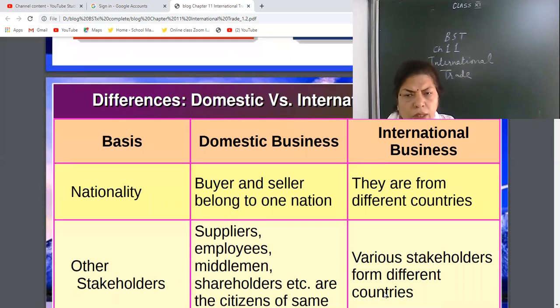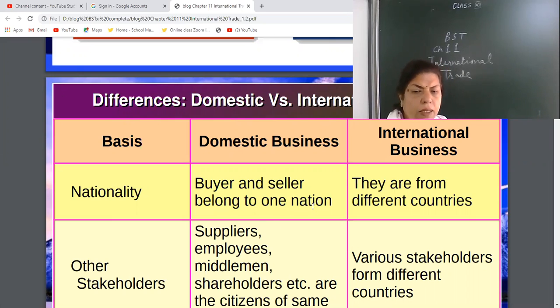Now note down, this is the summary. Please note down domestic business. This is the way you will present it in the exam. See the way. Basis of difference: domestic business means internal trade, international business means external trade.